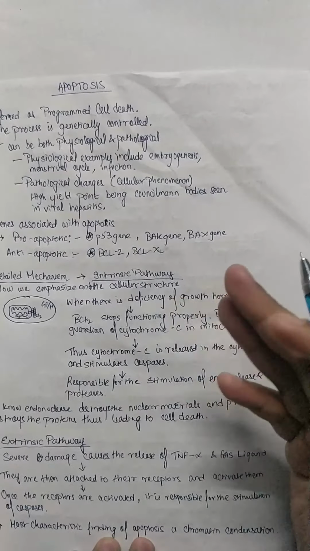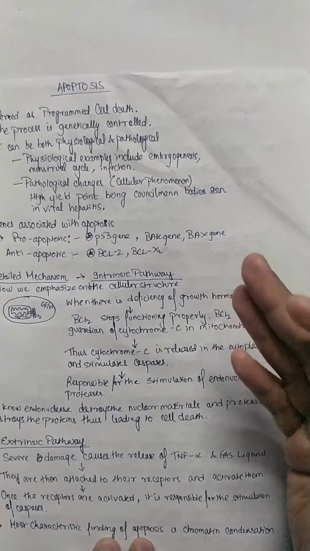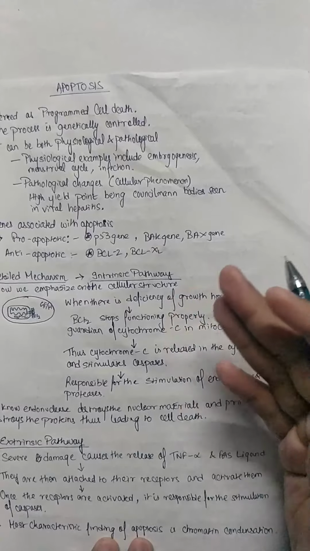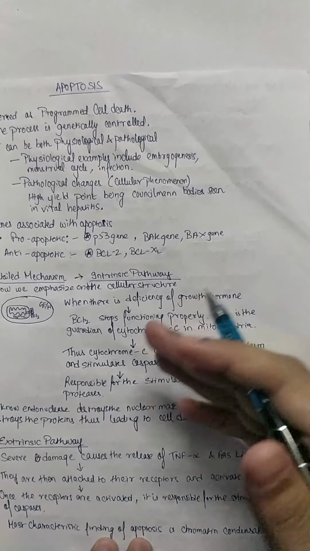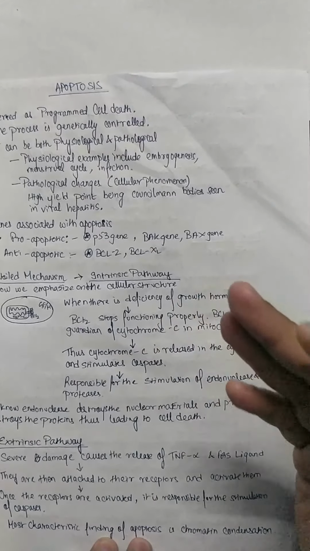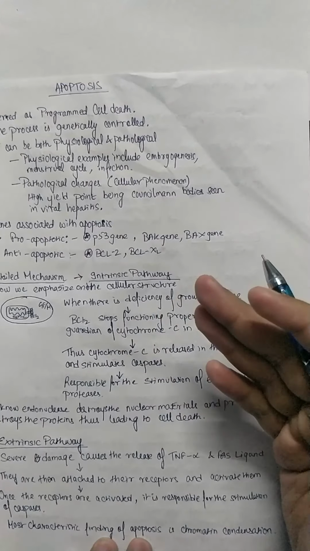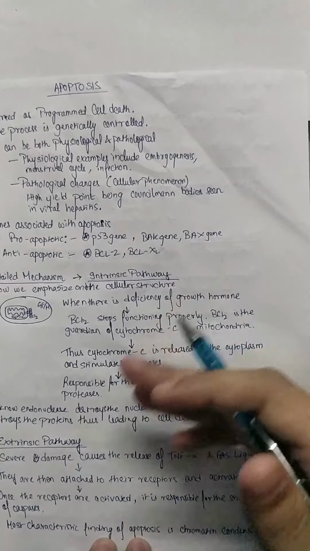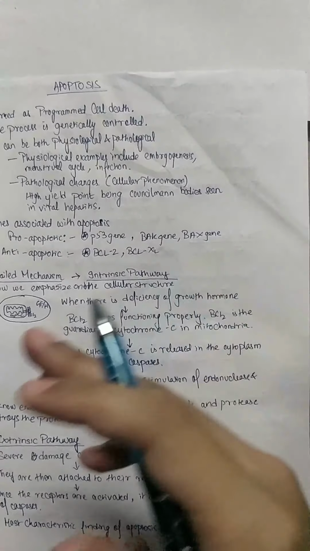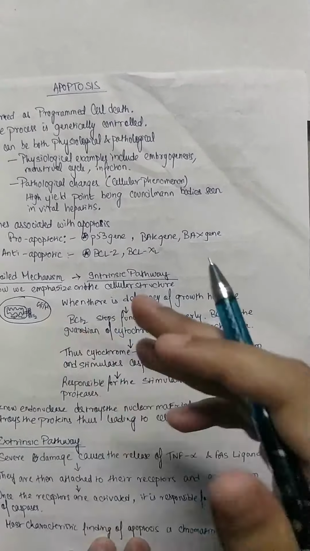Thus the cytochrome C is released into the cytoplasm and it stimulates the caspases. So what happens if the caspases get stimulated? It is responsible for the stimulation of endonucleases and proteases. Now, what are endonucleases? What are proteases?